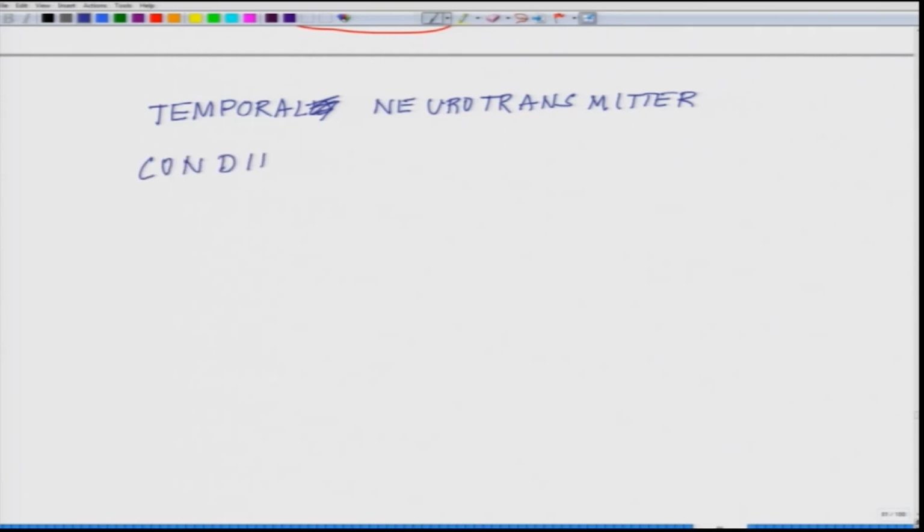You are conditioning the neurons over a period of time in order to regain electrical activity. Most of the cells were not electrically active.